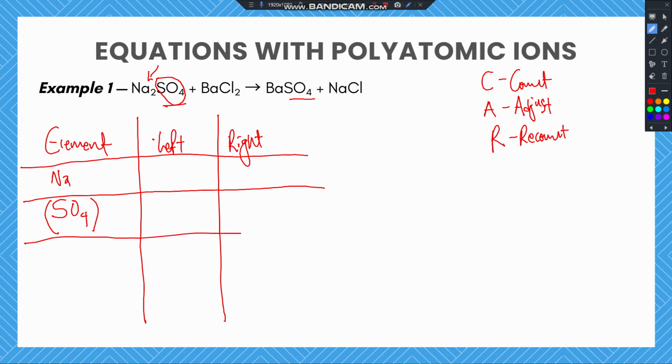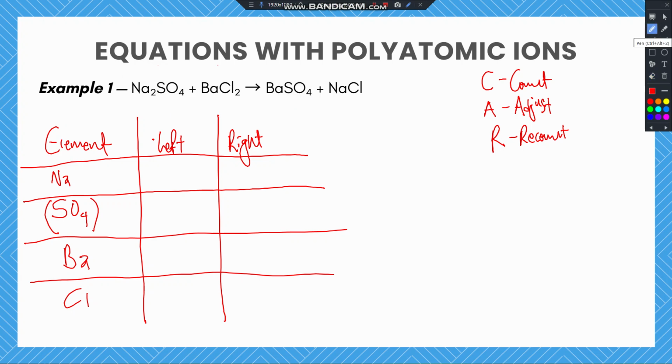The next thing to do would be to move on to the next element, which is barium, Ba. Then finally I have chlorine, Cl. So can you see how I identified all the things present in this chemical equation, including the polyatomic ion? For sodium, I have two atoms on the left and just one atom on the right. For the sulfate ion, on the left hand side there is just one unit, SO4 appears just once.